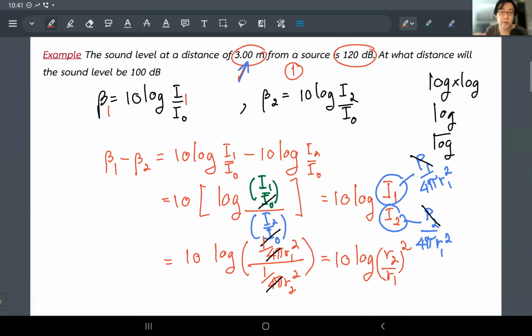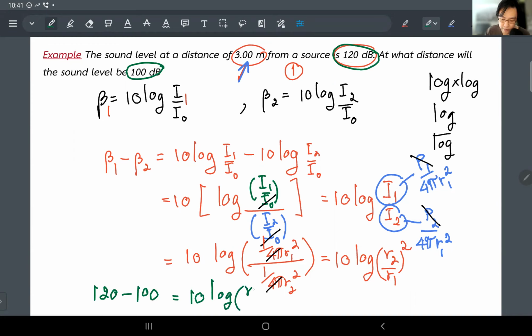You're going through the definition of the intensity, but then it's inside the log. So you do the difference between the two. So once you have this, now I'm ready to substitute the numbers. Beta 1, that's 120. Beta 2, that's 100 decibels. 10 log of R2, R2 is what you want to figure out, over R1, which is 3 meters, and the whole thing squared.